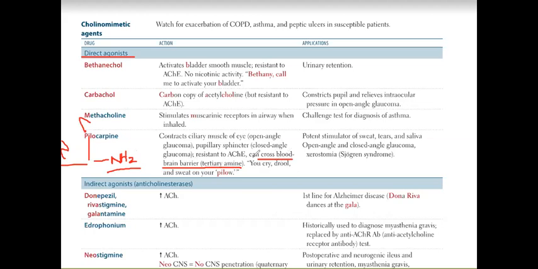it can easily cross the blood-brain barrier. That is about its structure, and this is important because when a drug can cross the blood-brain barrier, it can affect the central nervous system. So the drug can be dangerous as well. So the doses are really very important in case of pilocarpine. It has a very long duration of action.